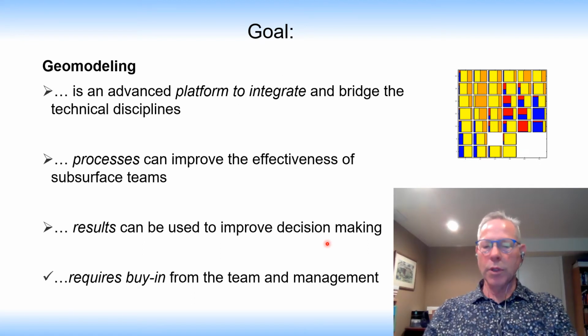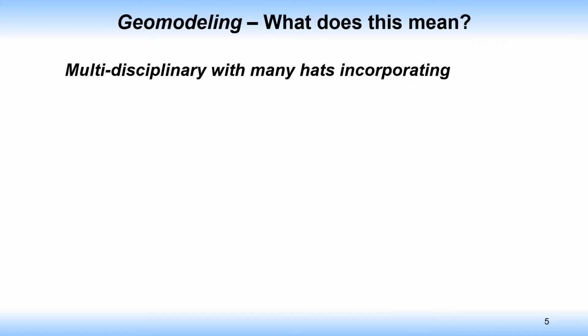That's if we're adopting these methods, and that requires buy-in from the team, the entire subsurface team, to be engaged, as well as support from the management. And that's just a picture of a pluri-Gaussian rule set. It's just transition statistics.